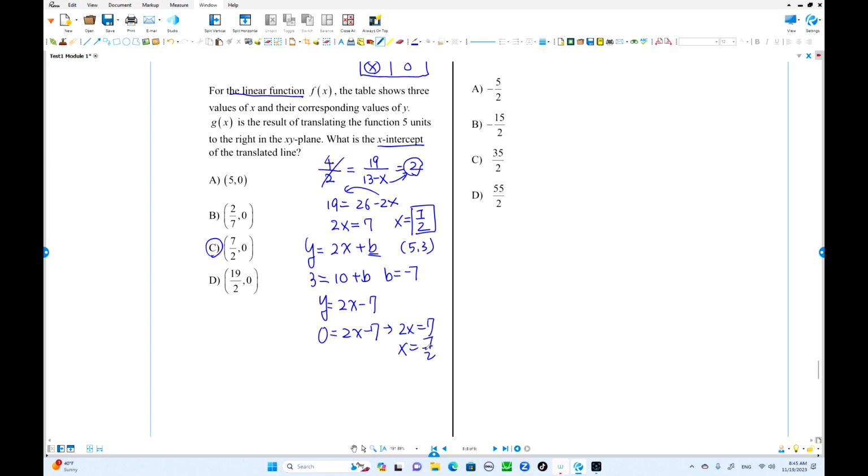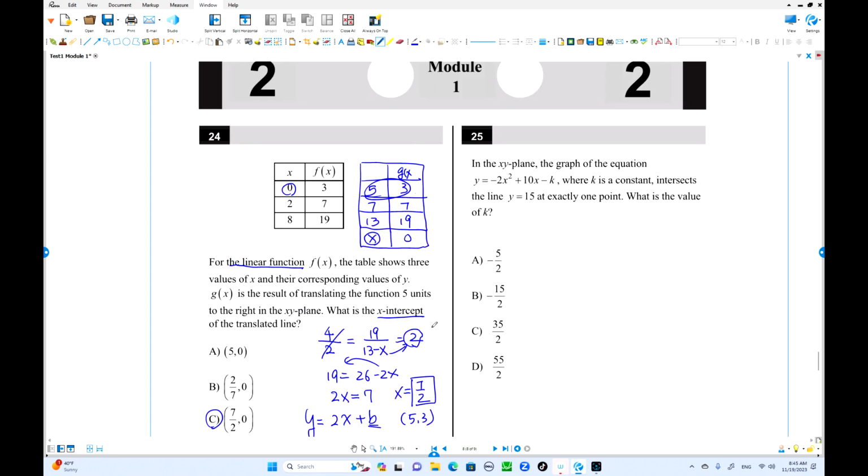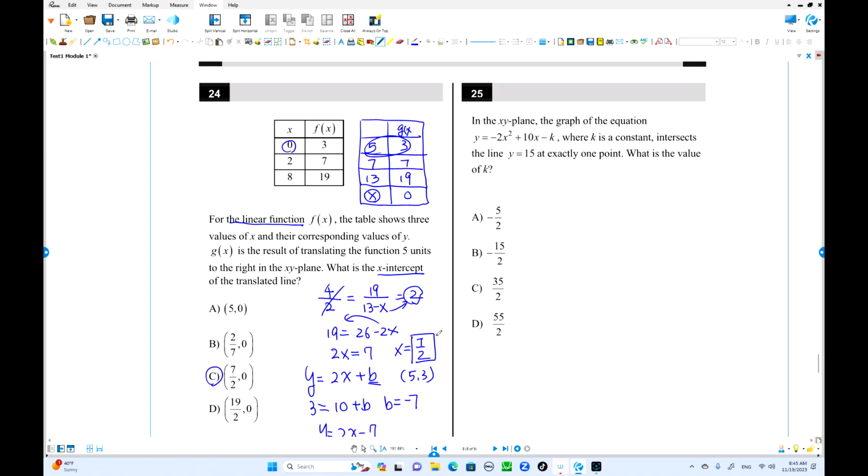Okay? Or you can use the original equation. After that, translate. Because this one's slope is 4, right? 7 minus 3, 2 minus, slope is 2. So we already got the y-intercept. The equation is y equals 2x plus 3, isn't it? After that, translate to the right by what? 5. So the equation should look like this. To the right is already x minus 5.